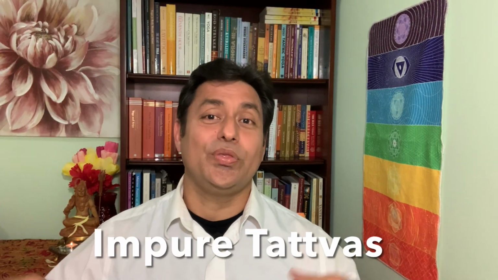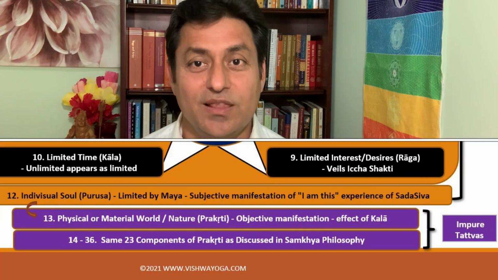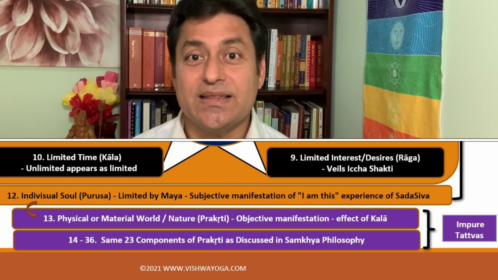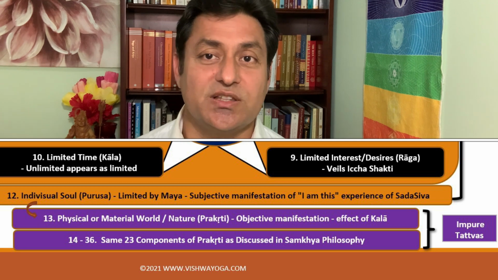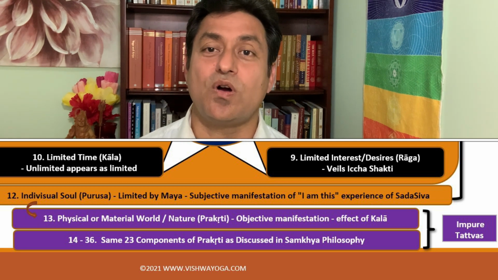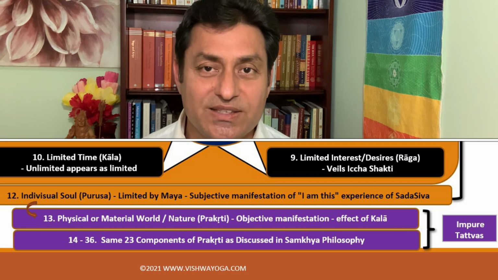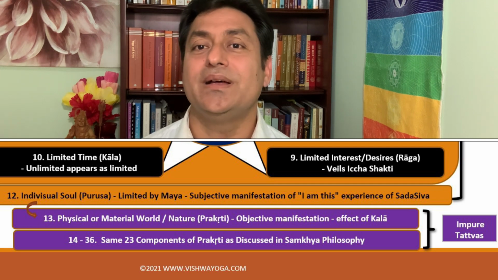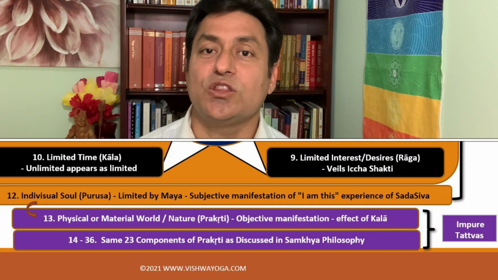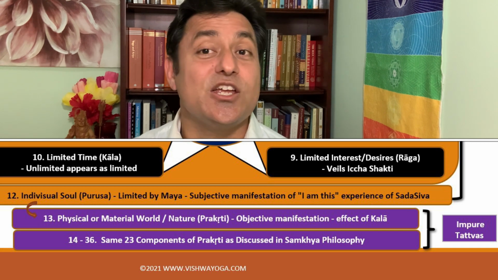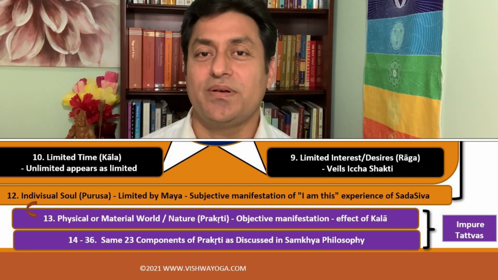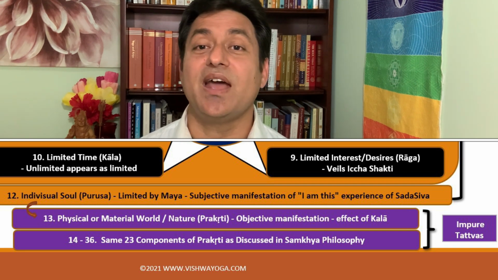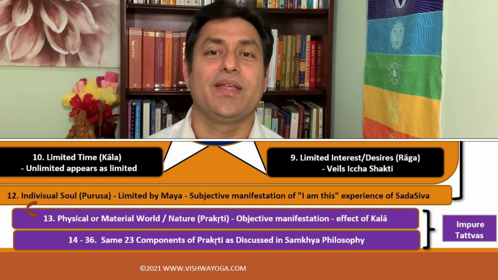Now, the impure tattvas. The 13th element is the material world in the form of Prakriti. This is the objective manifestation of the Supreme as Shakti. This Prakriti is also called Shanta Shakti, with the genetic constituent of 3 gunas called Sattva, Rajas and Tamas at equilibrium in the beginning, which is none other than the polarization of Jnana Shakti, Iccha Shakti and Kriya Shakti respectively.